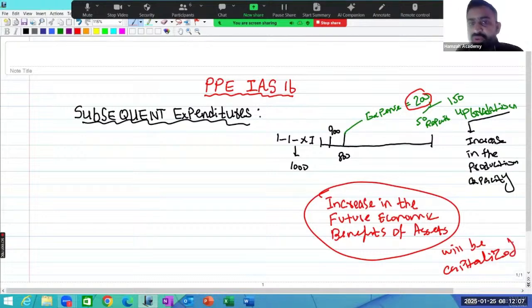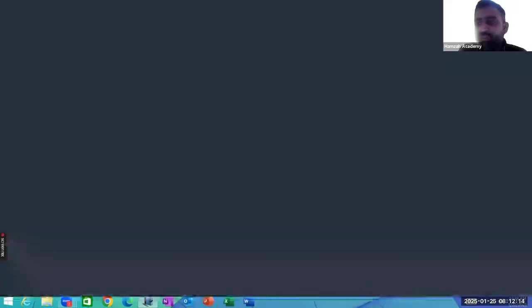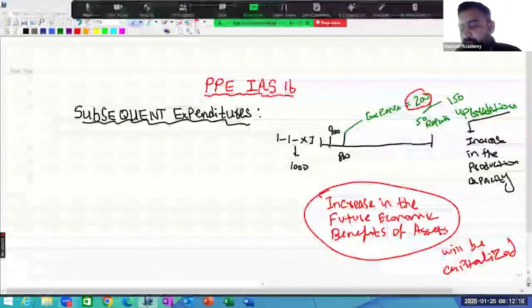Otherwise, the subsequent expenditure will be expensed out in profit and loss account.